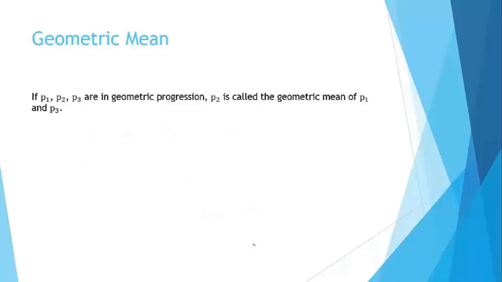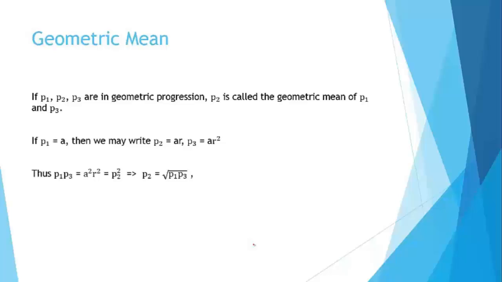Geometric mean. If P1, P2, P3 are in geometric progression, then P2 is called the geometric mean of P1 and P3. So the middle term is considered as the geometric mean of the other two terms. So say if P1 is A, then we may write P2 equals AR, P3 equals AR square.